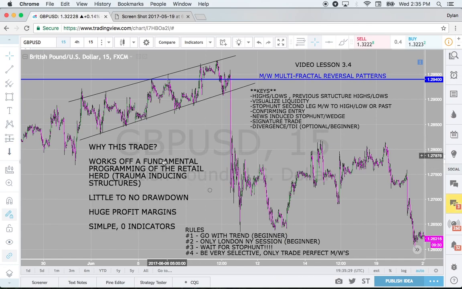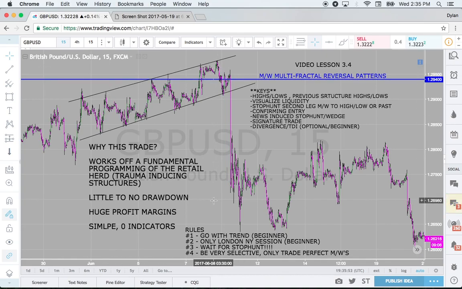So they happen to induce drama and trauma. They induce states of trauma in the retail traders as soon as they commit their funds into the market, and the emotions go through these cycles, these structures.